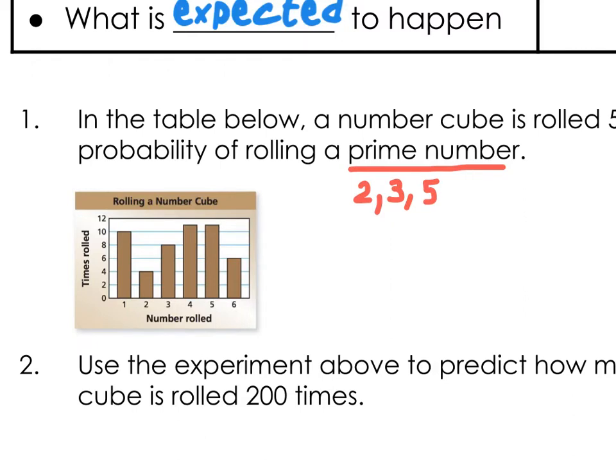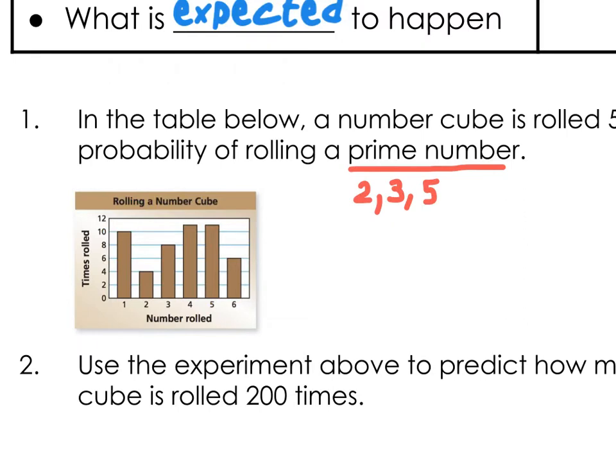So when we're looking at this graph, if you look at the screen here, a 2 is rolled 4 times, and then we look at the next prime number. A 3 was rolled 8 times, and then a 5, the last prime number, was rolled 11 times. So we're going to add the total here.